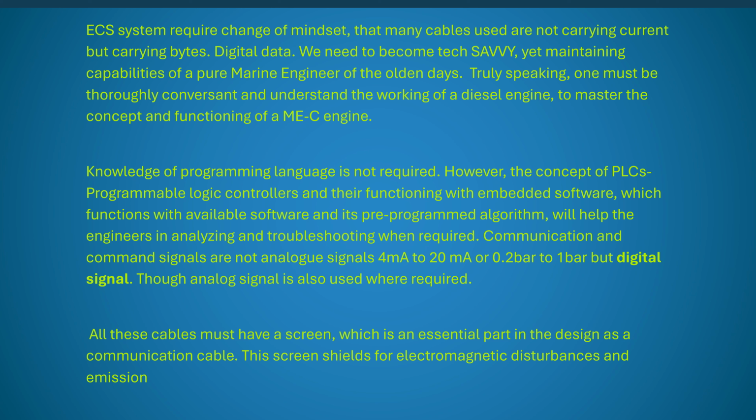Not like a piece of plastic, but a screen in the cable, which is an essential part of the design of a communication cable. The screen shields against electromagnetic disturbances and emission, which can disturb your data.